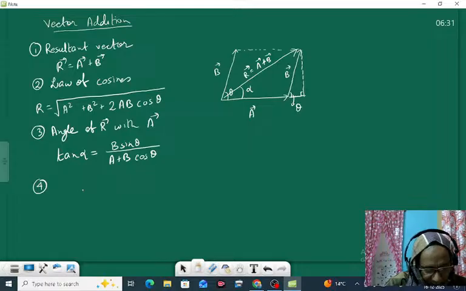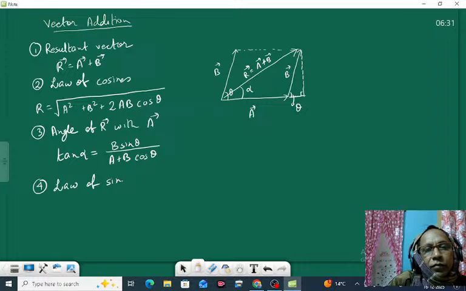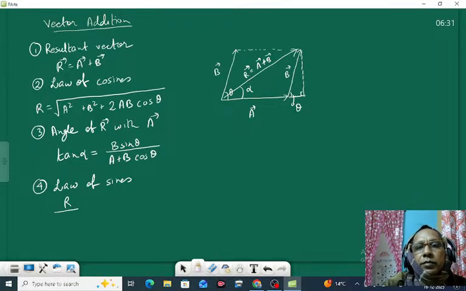Besides that, we will get another law, that is the law of sines. We are not deriving, but just writing the formula so that you can understand. Remember that this is R, this is theta, the opposite angle will be sin theta.